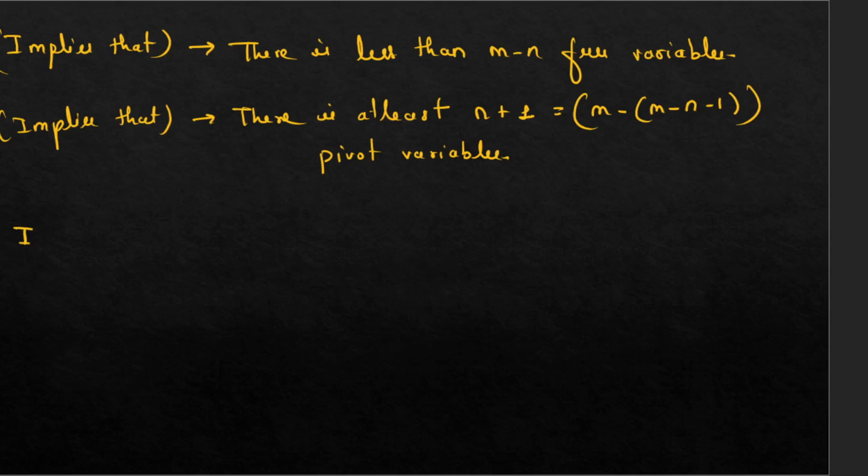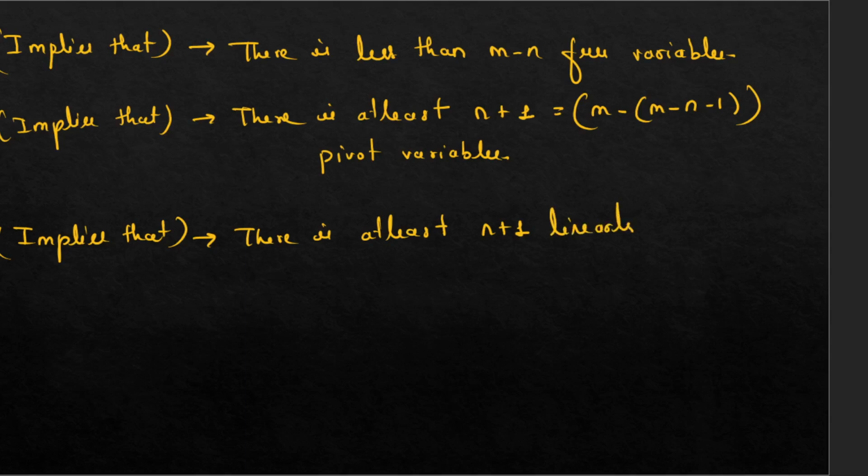So, which implies that there is at least n plus 1 linearly independent vectors in A. Vectors in A. Now, just think for a moment that in a matrix of dimension n cross n, we will have at most n pivot variables.